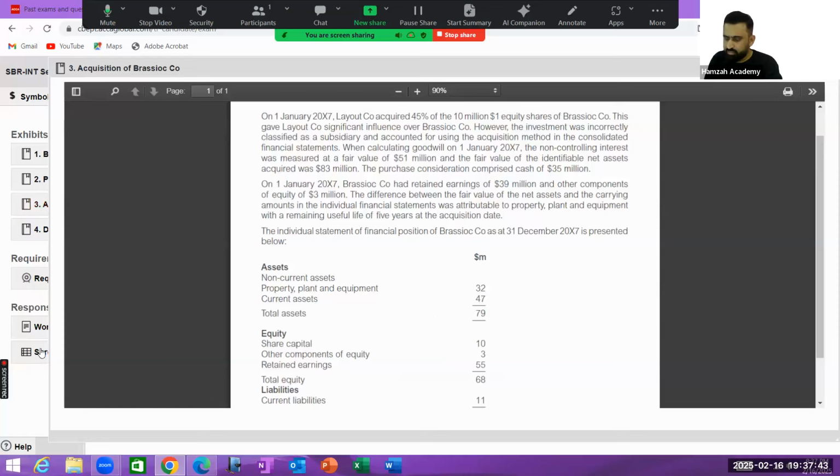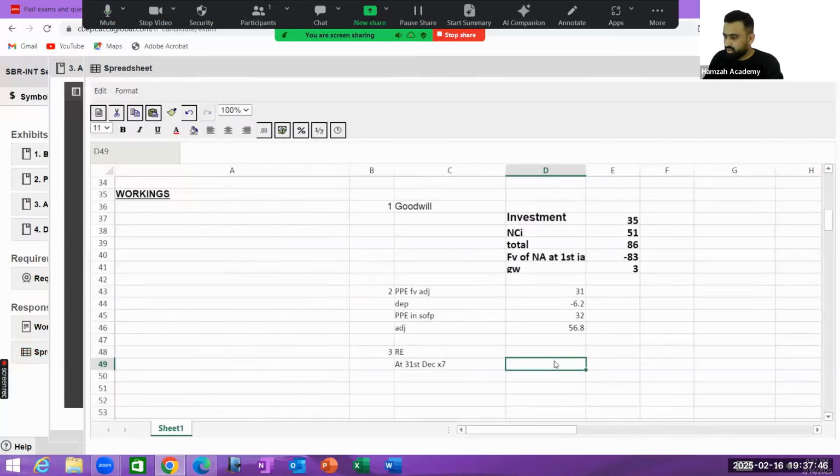Those are 55 million, equal to 55, and these retained earnings are from the individual financial statement, and there is only one adjustment relating to group accounts, that is the depreciation in the post acquisition period, which is 6.2 million. Okay. So after adjustment, the consolidated retained earning at the reporting date is 48.8 million.